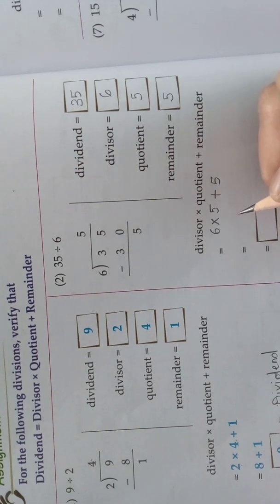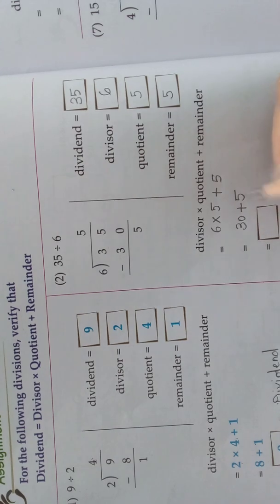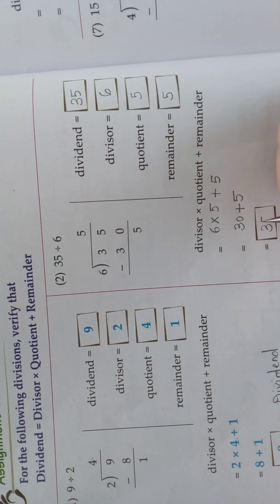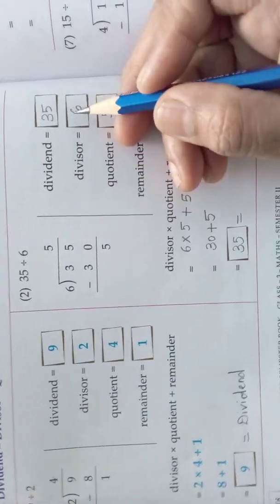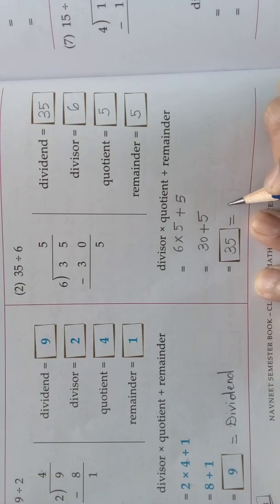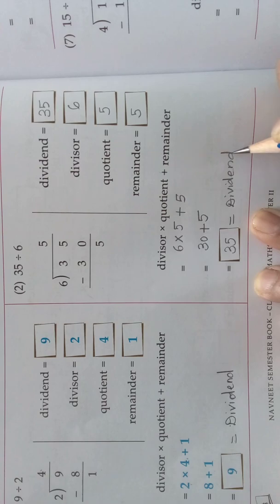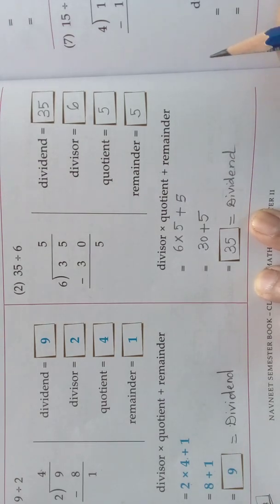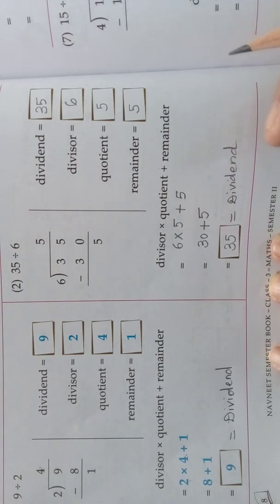So, 6 5s are how much? 30 plus 5, 35. 35 is nothing but the dividend, no? Yes. It is verified. So, you verified that dividend is equal to divisor into quotient plus remainder, okay children.